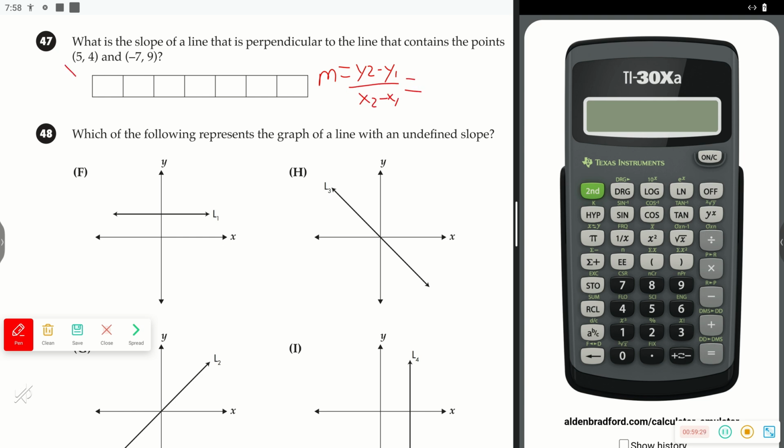We'll label the points. I always do this just to make sure that if you get confused, you know which one's which. x1, y1, x2, y2. But it's always this one minus this one, and then that one minus that one. So 9 minus 4 over negative 7 minus 5. 9 minus 4 is going to be 5, and this is going to be negative 12.